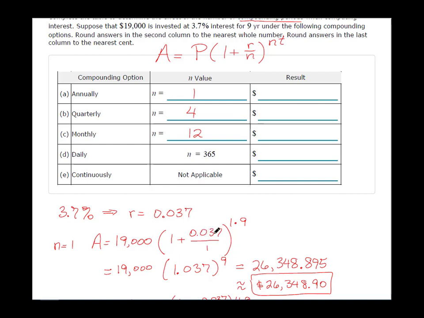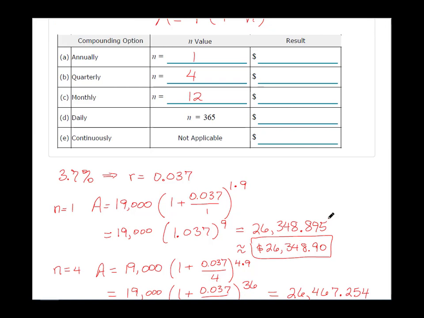You do that part first, add 1. Take this number, raise it to the 9th power as an exponent, and then multiply the final result by 19,000. All right, and then you need to round the number, so it looks like the following, 895. But if I round it to money decimals, that would be 0.90.